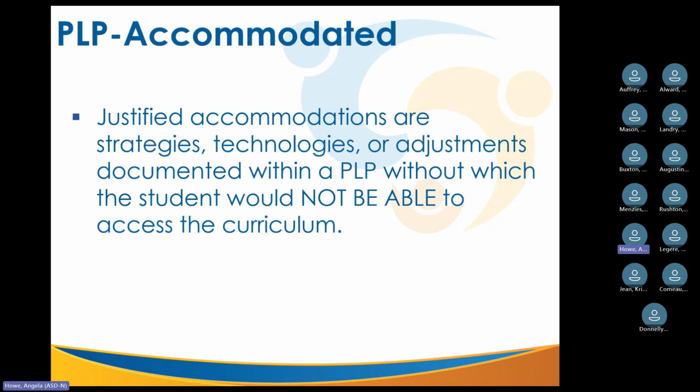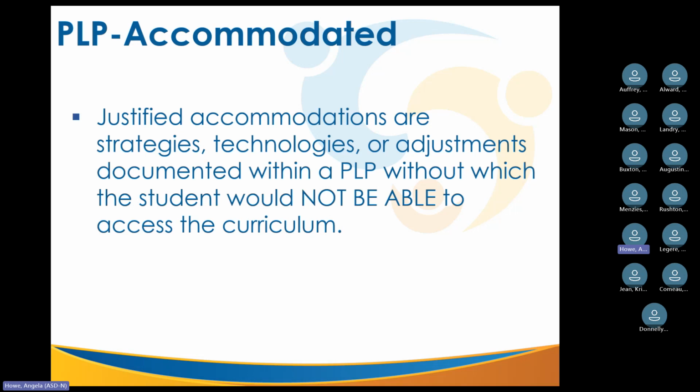And if you would like a copy of that universal accommodations checklist, just send me an email, and I'm gladly willing to send you a list of that. But that stuff can be uploaded in ESS Connect, but the universal accommodations are not written in a PLP.